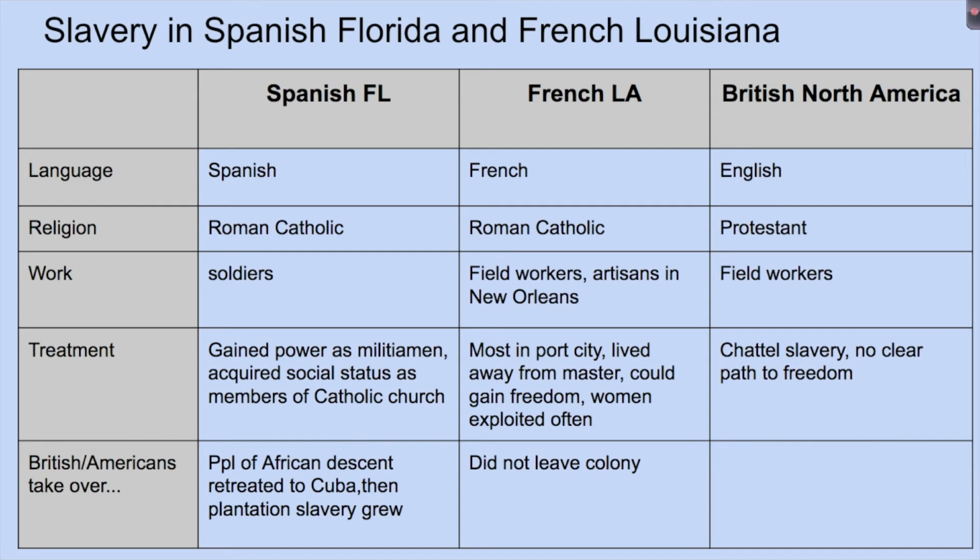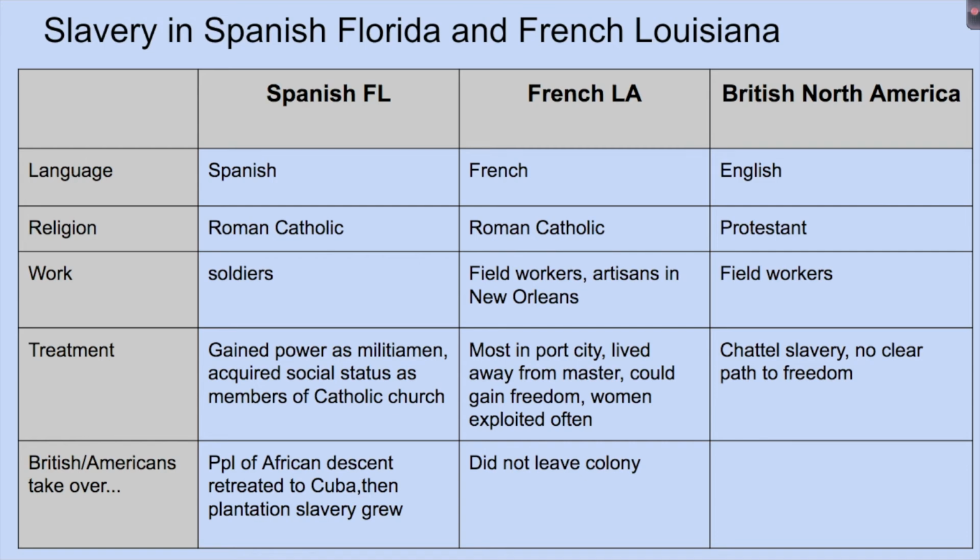So in these areas, language in Florida will be Spanish, French Louisiana will be French, and then in British North America it's English. The religion for the Spanish and French colonies is going to be Roman Catholic, whereas in British North America, you're looking at Protestant religions such as Episcopalian, Church of England. You might see Puritans, Presbyterian, Methodist, different groups like that.